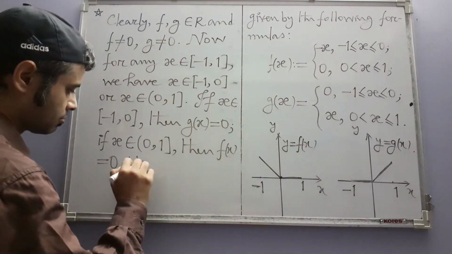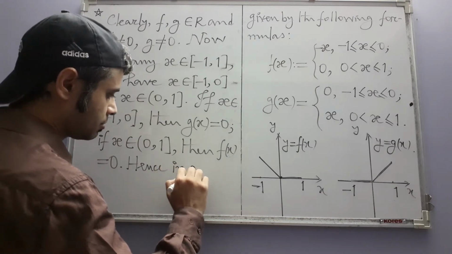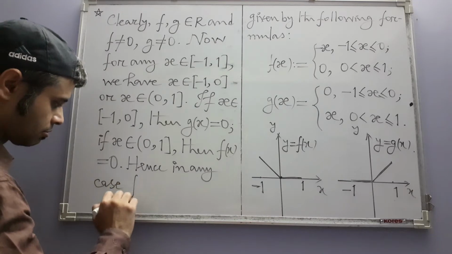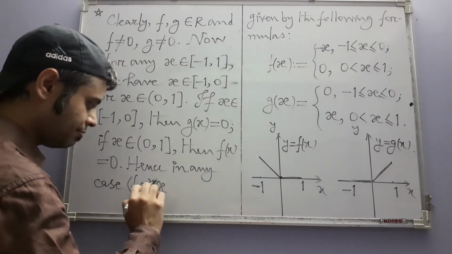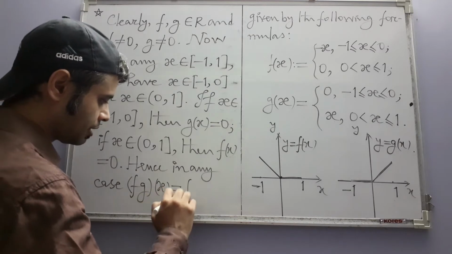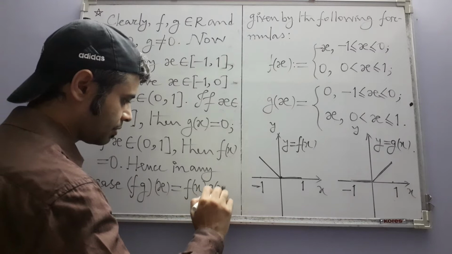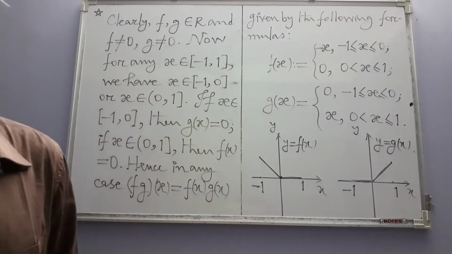Hence, in any case, when we calculate fg at x, which by our definition of product is f of x times g of x, that is going to be 0 always.